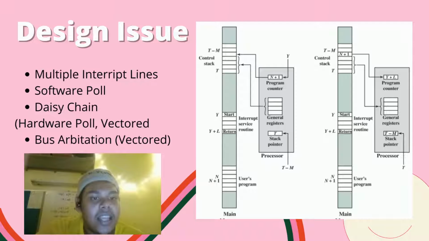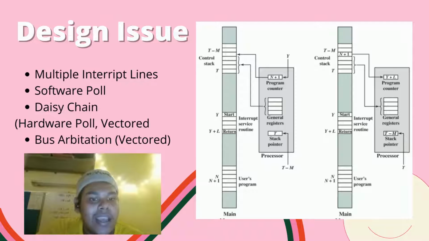The last alternative to solve the design issue is another technique, which is bus arbitration. With bus arbitration, an input-output module must first gain control of the bus before it can raise the interrupt request line. Thus, only one module can raise the line at a time. When the processor detects the interrupt, it responds on the interrupt acknowledge line.